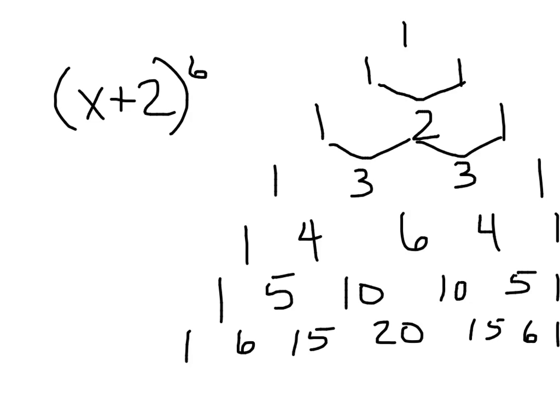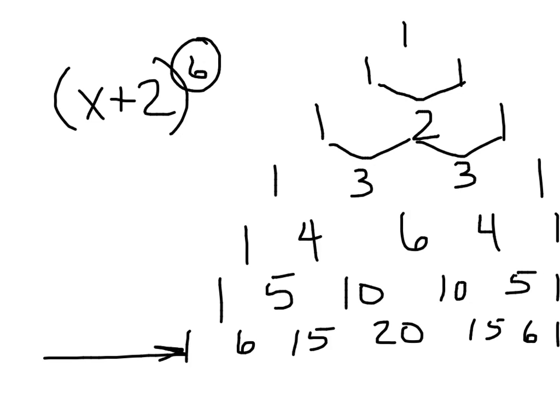A couple things about Pascal's triangle that I hope you notice is that it is symmetrical, which means that if I were to draw a line right down the middle, it's the same on both sides. What this is doing is giving you the coefficients for your binomial expansion. In this case, the only reason I went down to row 6 was because my exponent was a 6.